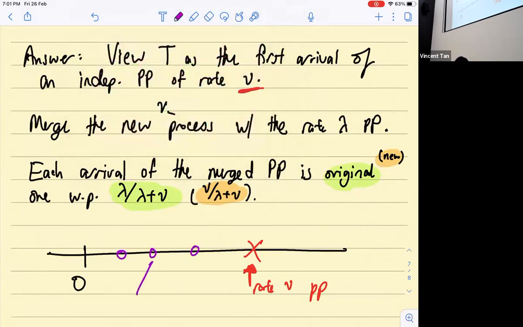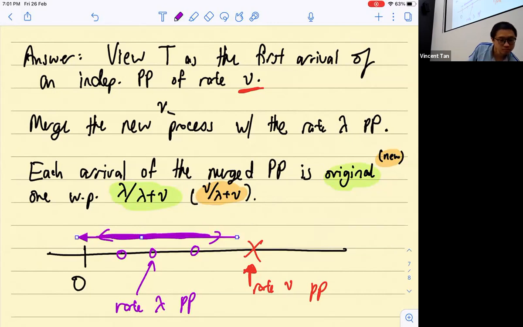This is the arrivals of the rate lambda Poisson process. N_t is the number of arrivals of the purple process in this part of the interval, up to this point here. You agree? Yes. Okay, so we want to have this picture in our head. Otherwise, we cannot do things.